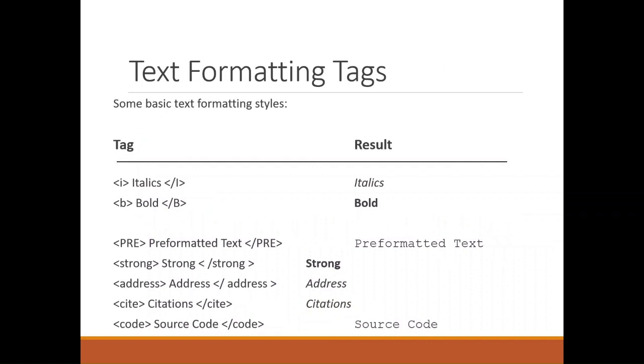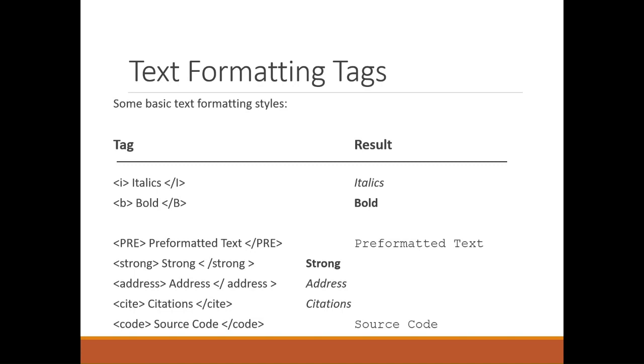Text formatting tags. Some of the formatting tags in HTML that allow you to customize your text or your content are italics, I, and B. Okay, there is an error over here, but then I and B, and PRE is for pre-formatted text, wherein the text you write will be printed in the same format in your HTML website.